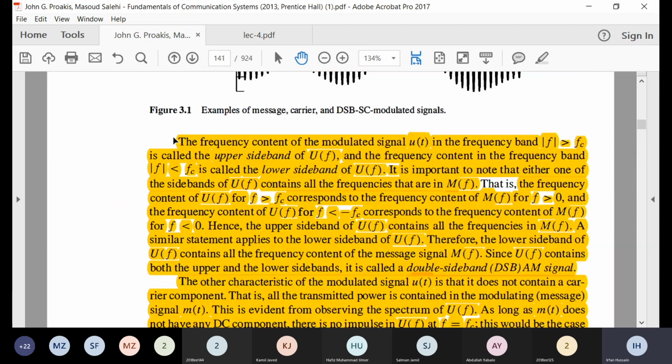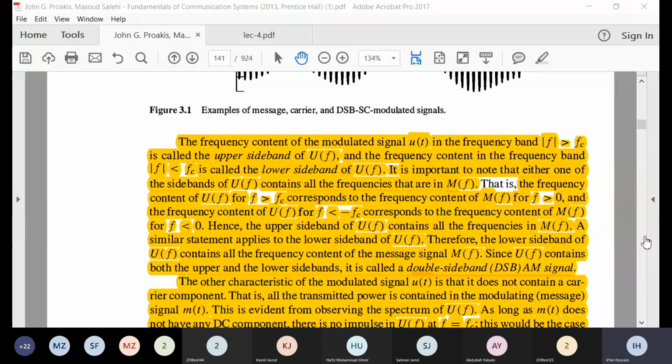Is this understood? I am not hearing any answers. Hamza, CR, is this understood? All right.